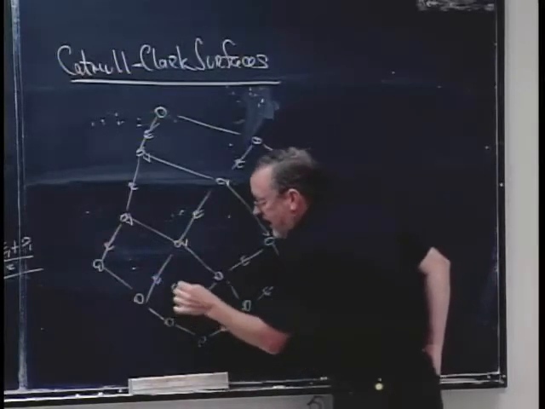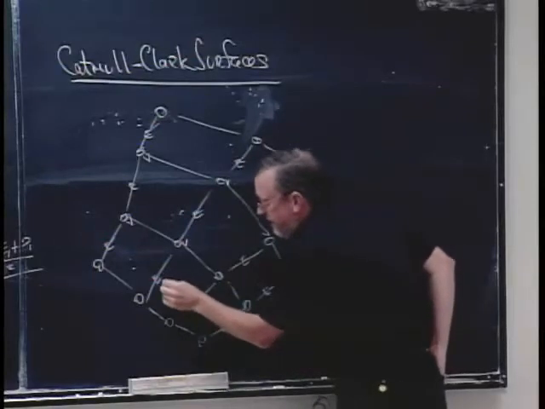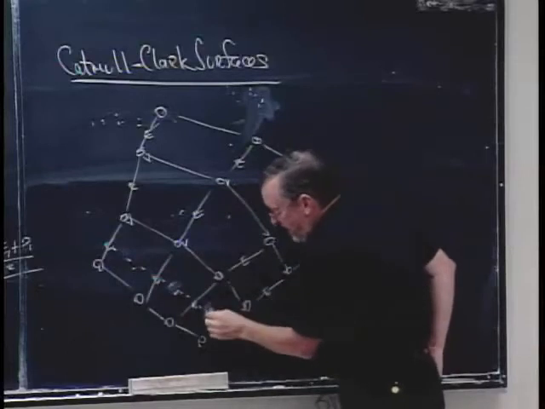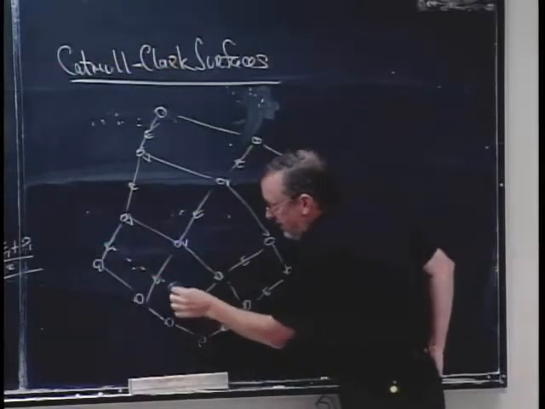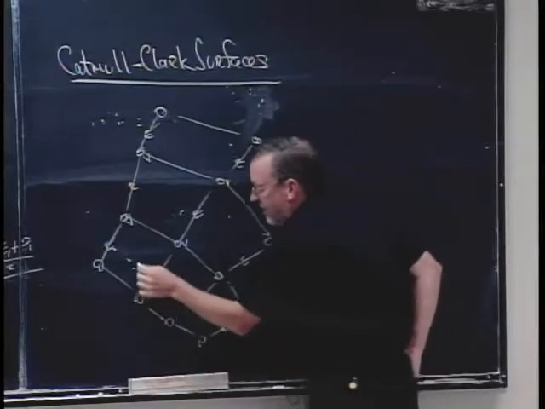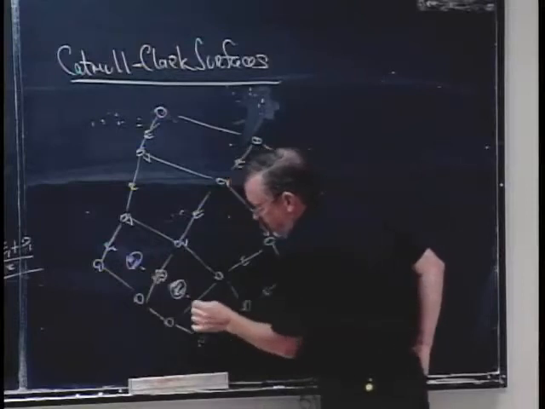There's an edge point. Let me connect these up. As if these were the 4 points, you would get another edge point here. I'll put circles around them. Another edge point here, and then you'd get a vertex point here.